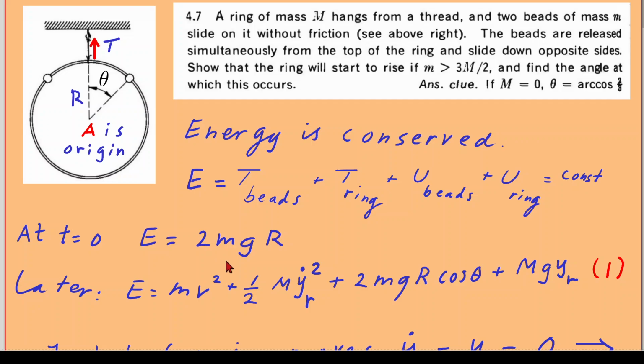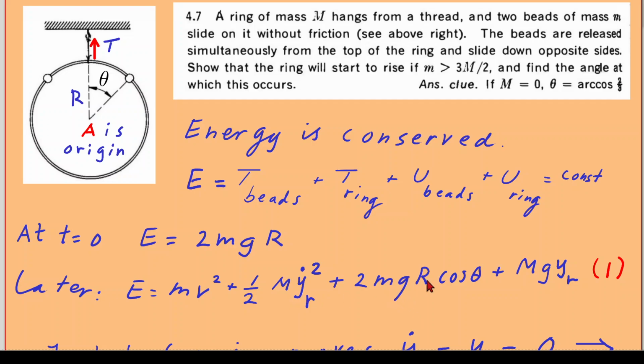And at a later point, like depicted here, this has a kinetic energy 1/2 mv squared, and this also, the sum is of course mv squared, right? And then the ring, here R stands for ring, is potentially having a kinetic energy upwards if it has started to move.